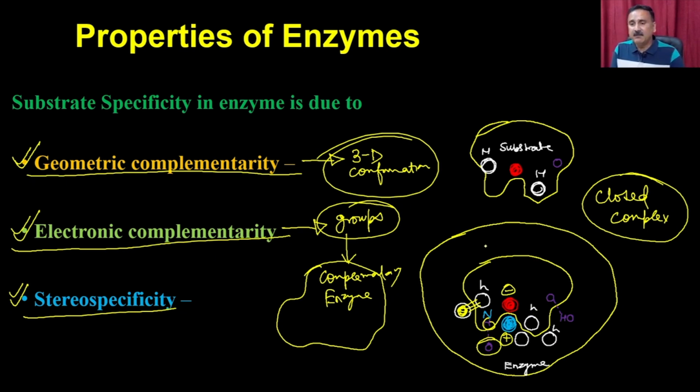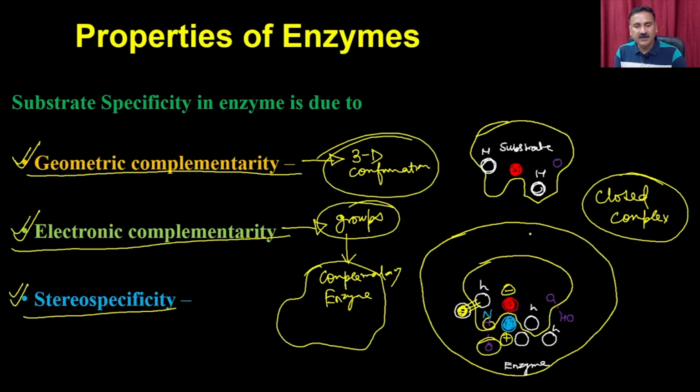For example, if you have another substrate where this particular positive group is missing, in that case you have a negative group here but the positive group is missing, so it is not going to have a very high affinity compared to this substrate. That is how the enzyme is able to discriminate between one substrate and another substrate.